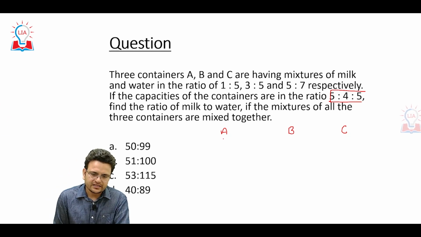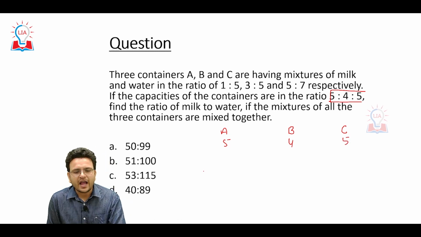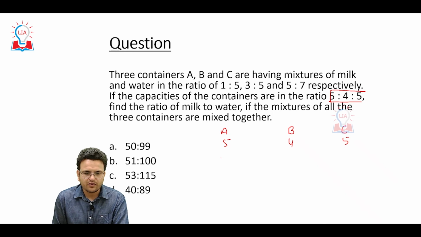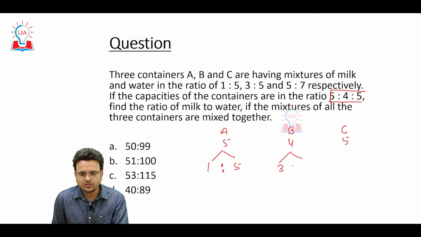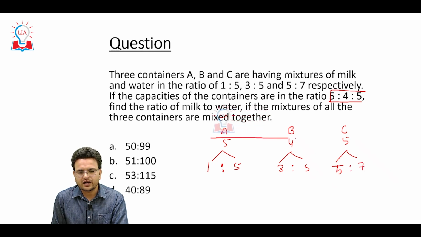So here we can see that it is 5, 4, 5, and the milk and water are in the ratio 1:5, 3:5, and 5:7. Okay, you are able to understand.